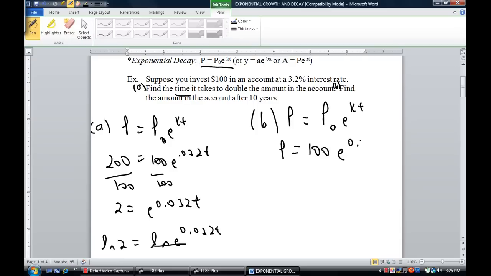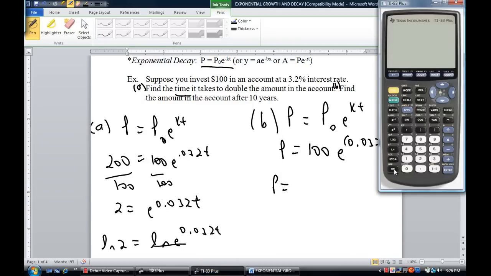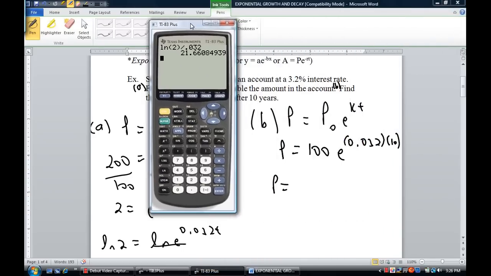K is 0.032, and then T in this problem is 10. So I'm just going to take out the calculator and we're going to try to type it in. Now here's how I type it in. I'll move it over here so you can see. 100. I'm going to use this E key over here. Exponent. Now I'm going to use parentheses.